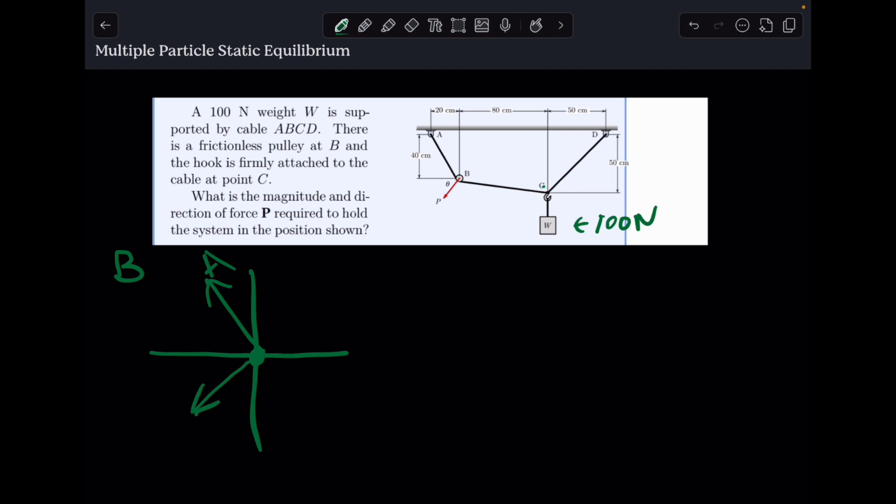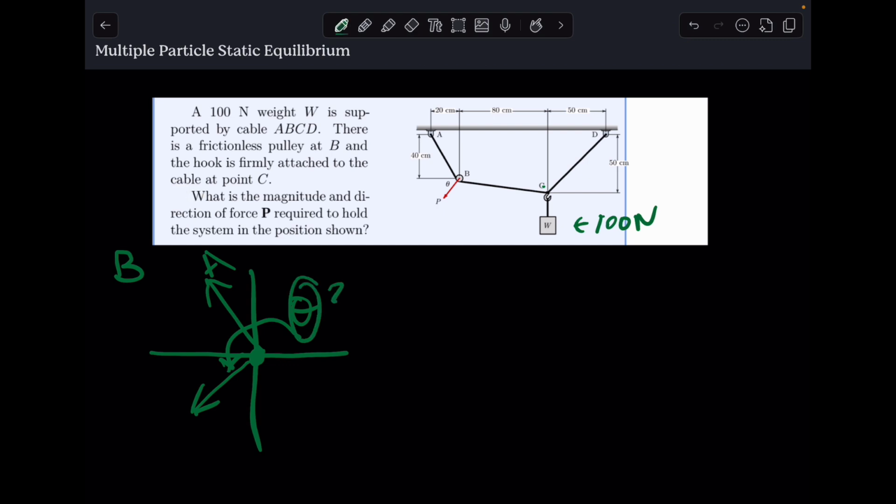We don't know the theta of this, and we don't know the magnitude. That's what we're trying to find. If you look at our question, it asks for the magnitude and direction of force P, so that's going to be part of our answer.